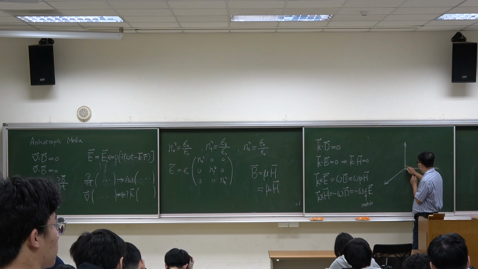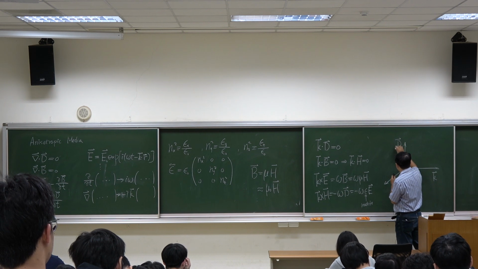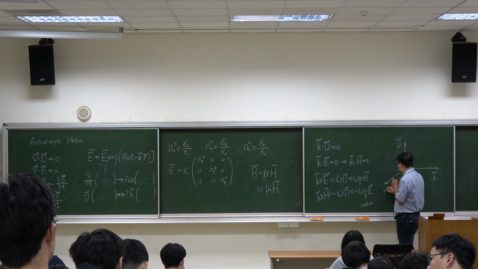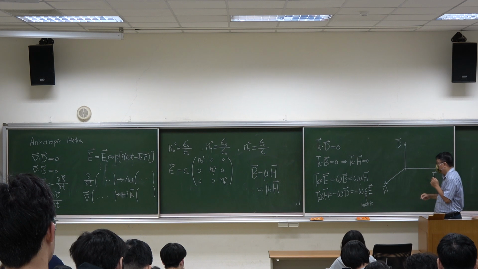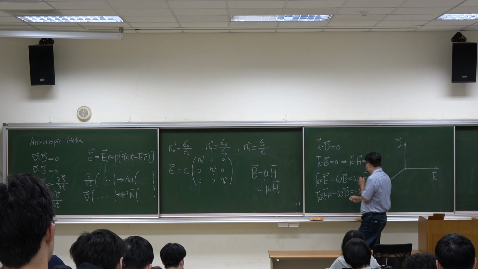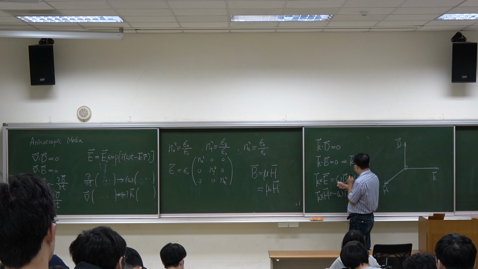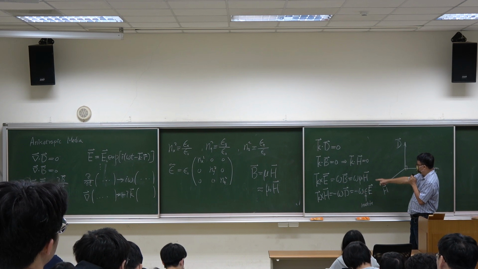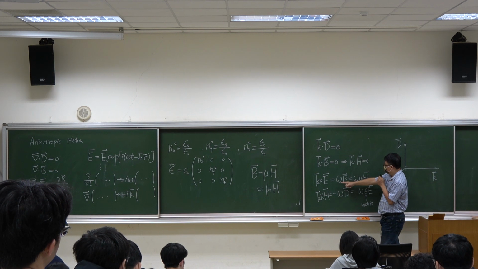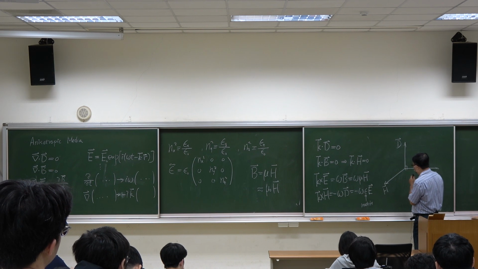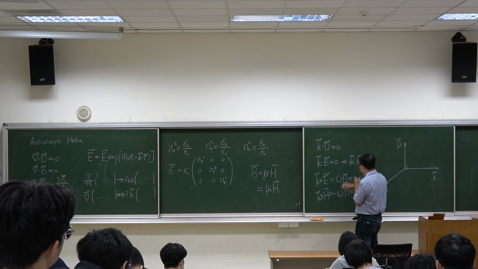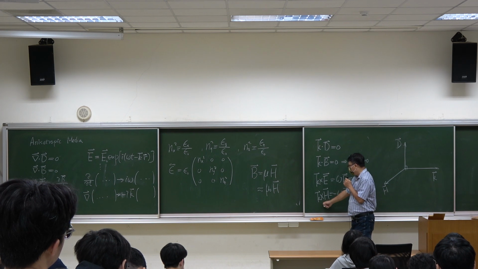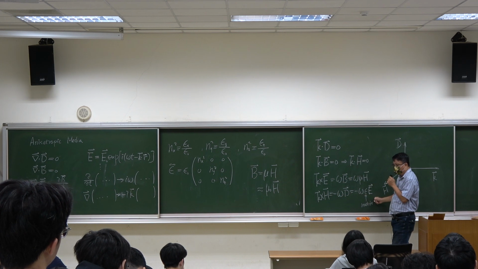Then we know that here, D is perpendicular to K, and H is perpendicular to K also. And this equation tells us that E is also perpendicular to H. Okay, and K cross H is proportional to D.